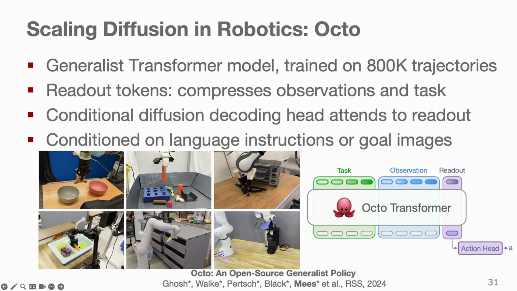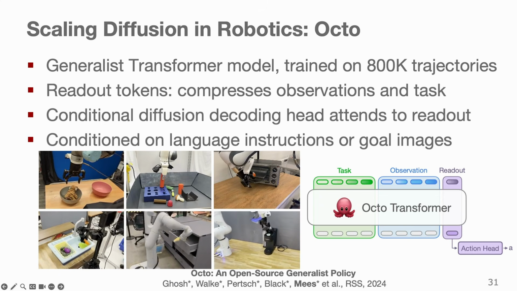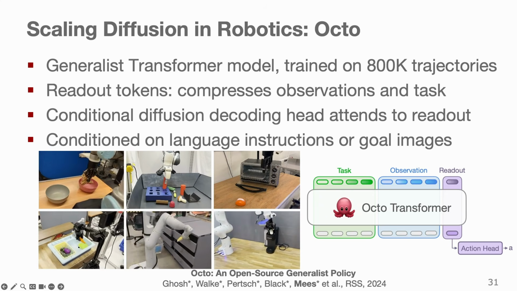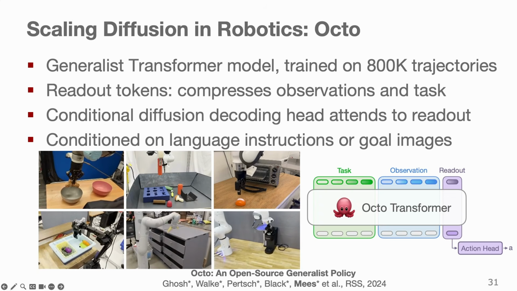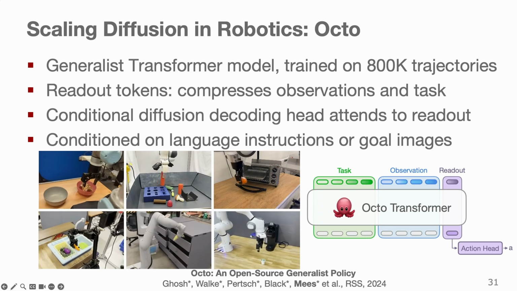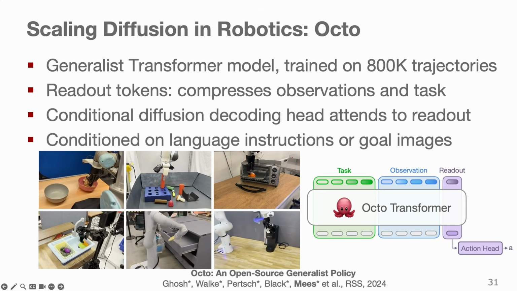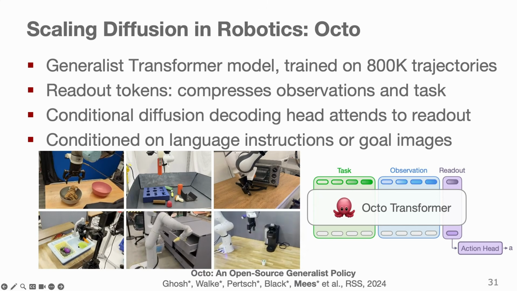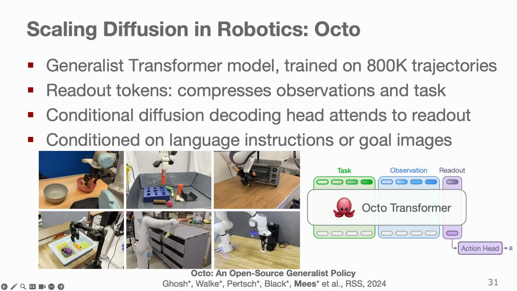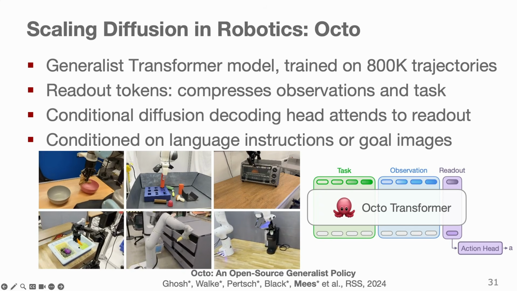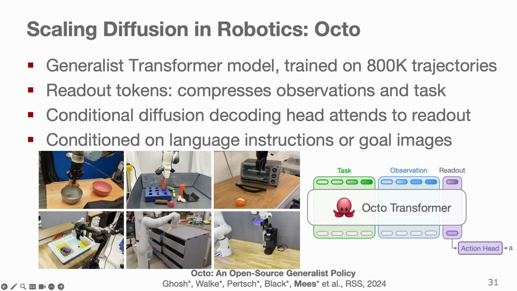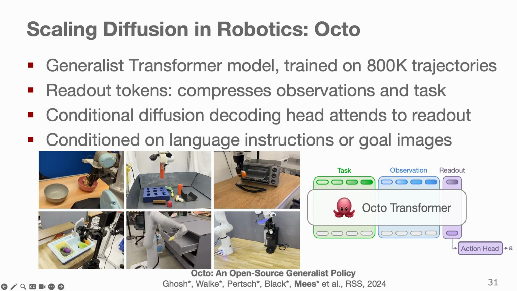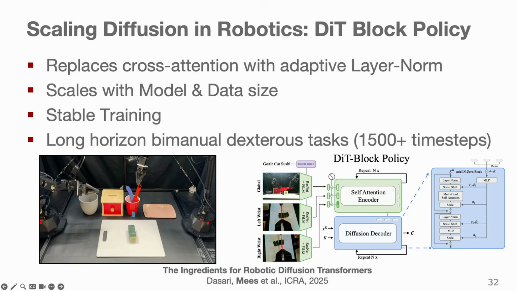But for example, Octo, which trains a high-capacity transformer network on 800,000 robot trajectories, and then defines readout tokens that compress the observations and tasks, and then attaches a conditional diffusion decoding head that attends to these readout tokens that summarize the previous information, and then really can condition on both natural language or goal image observations, for example.